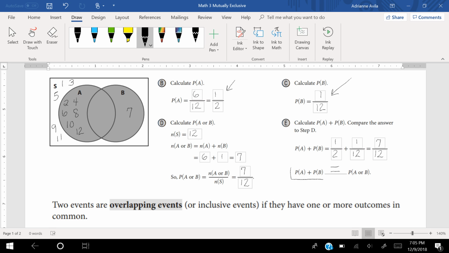Now, the other type of event that we want to take a look at is overlapping events. Two events are overlapping, and we call these inclusive events, if they have one or more outcomes in common.